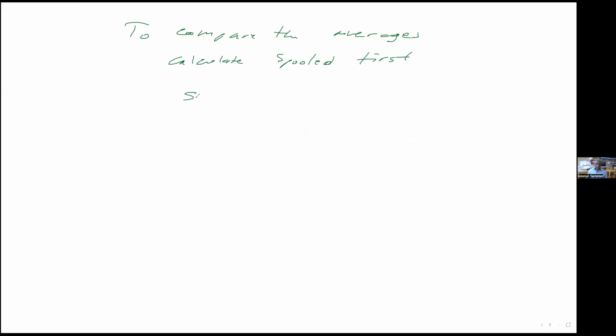So S pooled is equal to the square root of (s1 squared times (N1 minus 1) plus s2 squared times (N2 minus 1)) divided by (N1 plus N2 minus 2).